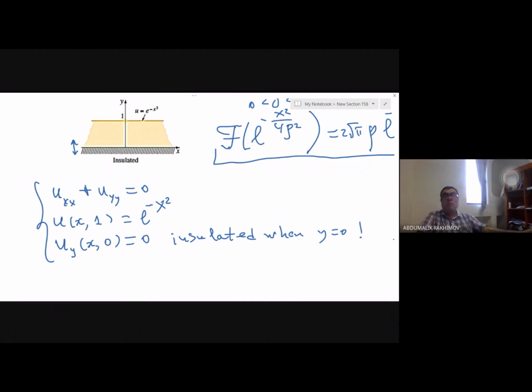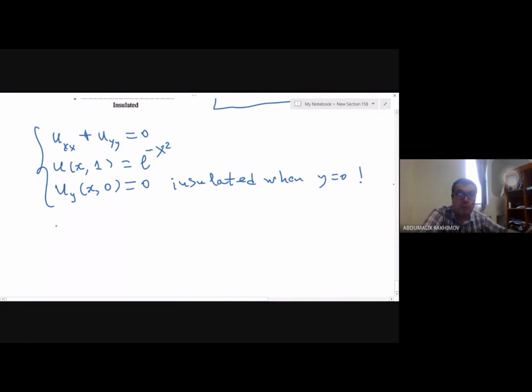Now I can solve this problem using Fourier transformation. Fourier series will not be helpful here. So, let's apply the Fourier transformation to the equation, u_xx plus u_yy equal to 0. What will happen with u_xx? It is going to be minus alpha squared u, right? The Fourier transformation kills the derivative with respect to x.